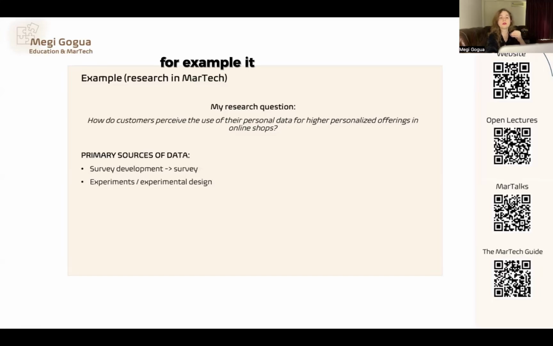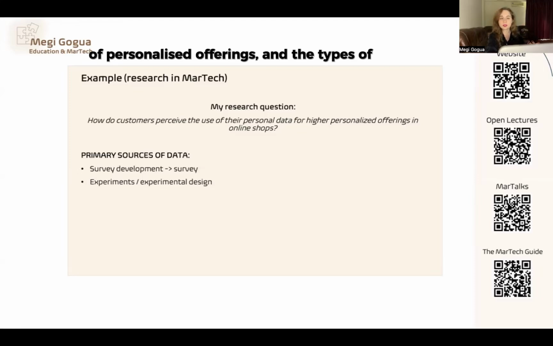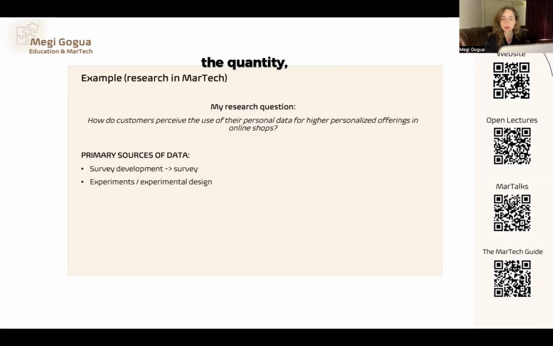So, for example, this can be represented by the exposure of the respondents to different types of personalized offerings, and the types of these personalized offerings, the quantity, the typology, and of course, it requires the controlling questions to identify whether it's transparent, whether it's understandable for the respondents. Be very careful with that.